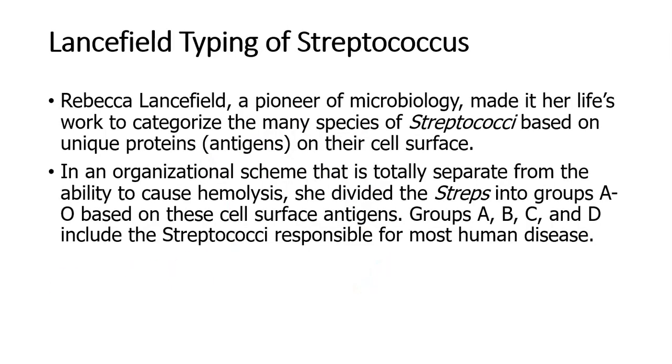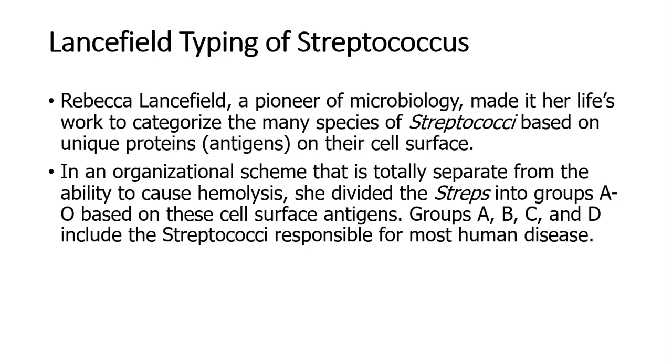So we want to look at these organisms, and then we want to figure out which one it is. There was a microbiologist, Rebecca Lancefield, who made it her life's work to categorize the species of Streptococcus based on the antigens on their cell surface. She came up with this very organized scheme that separates these organisms on their ability to cause hemolysis, and looked at their surface antigens.